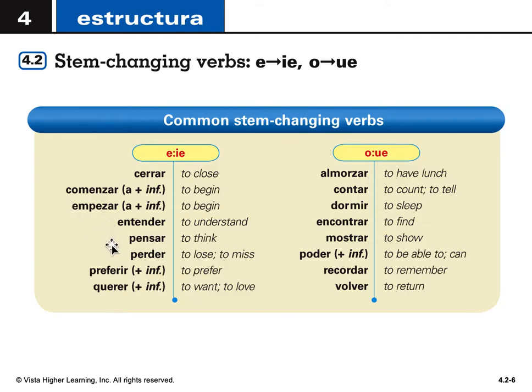Entender, to understand. Pensar, to think. Perder, to lose. Preferir, to prefer. Querer, to want. So for all of these, the last syllable of the stem is going to change from E to IE. Here is your list of common O to UE stem changers.